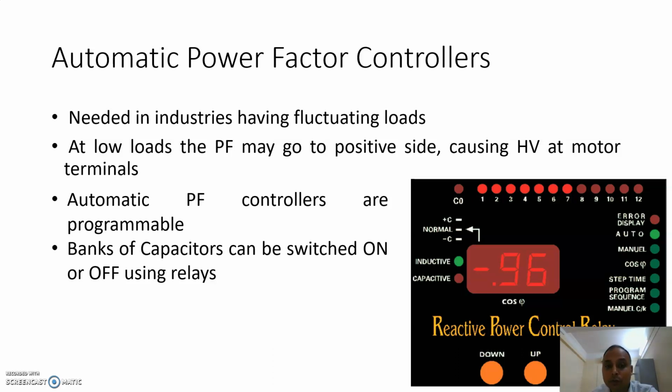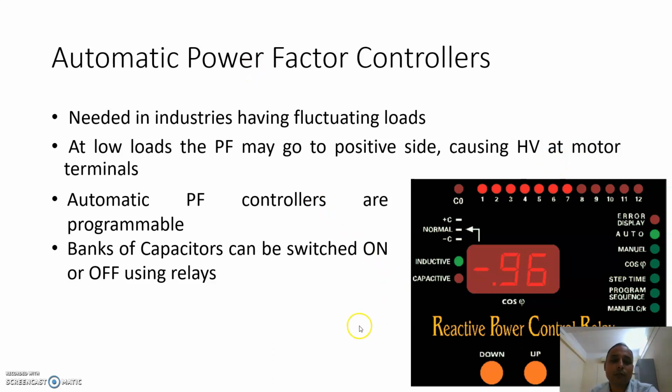We may need to install some type of controller along with the capacitors to apply variable capacitive connections to the system in order to reduce the value of inductive reactive power. Inductive reactive power can be compensated by capacitive reactive power, and in case of fluctuating loads, we can do that control by using an automatic power factor controller.